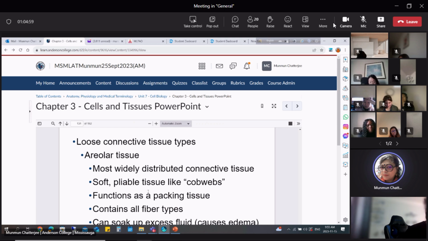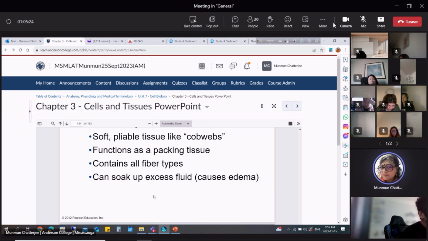It is soft, pliable tissue like cobwebs. It functions as a packing tissue, giving support, packing in between. It contains fibers. It can soak up excess fluid, which causes edema.